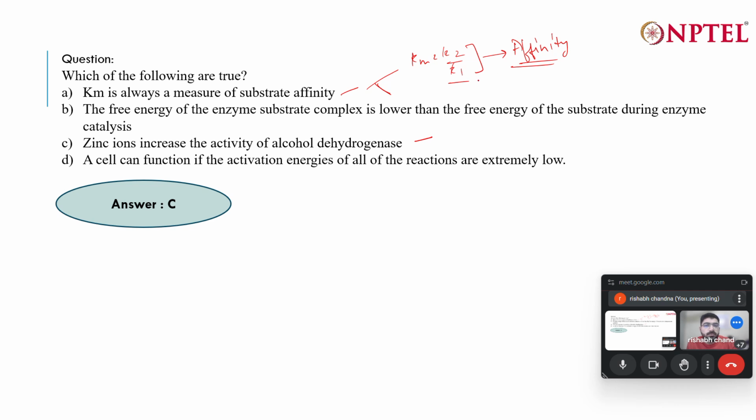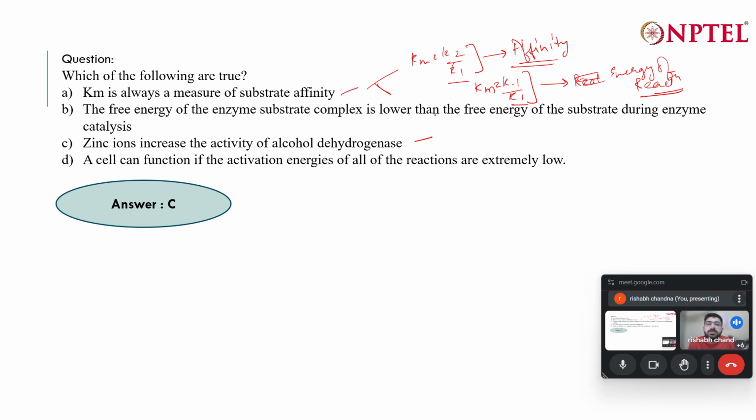But when K minus 1 is very much greater than K2, in that case Km denotes the binding energy of the reaction and how the reaction will move forward. So every time it is not the affinity towards the substrate.